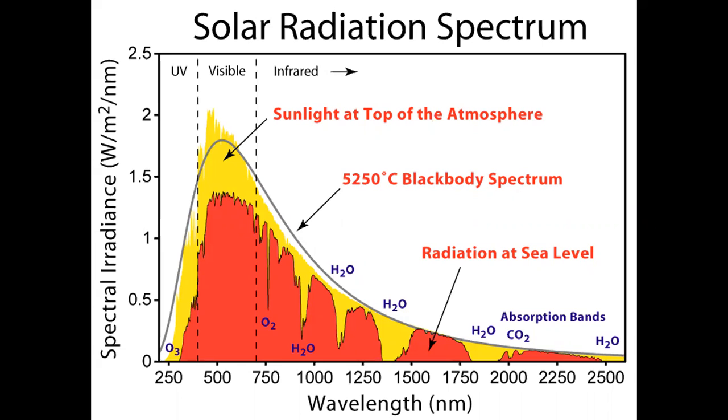So O3 is a pretty thin layer, which consumes a lot of ultraviolet radiation. Also, some other gases absorb radiation, particularly water evaporated in the atmosphere, and just oxygen and CO2.